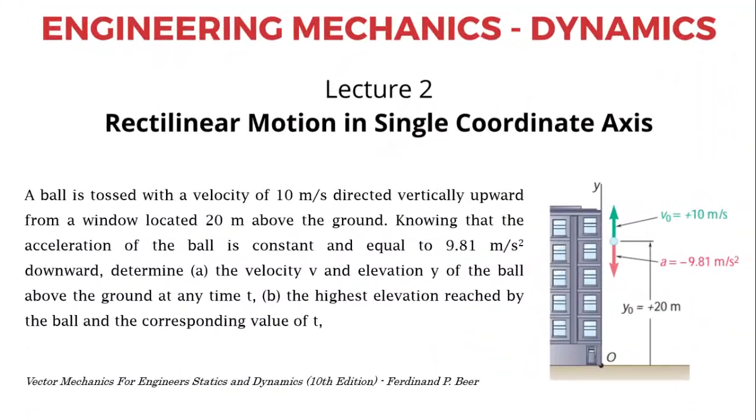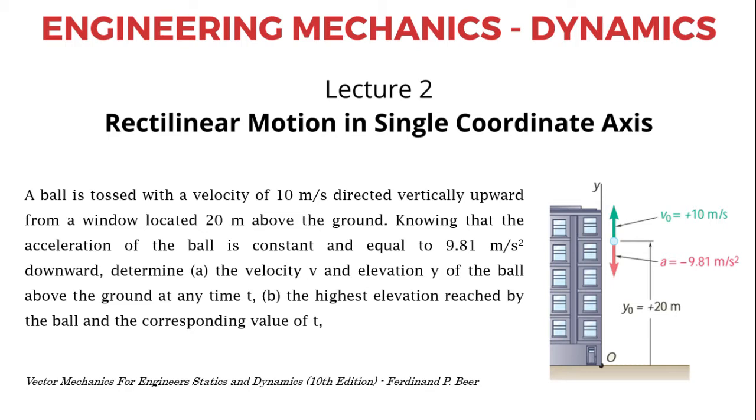Now, let us do a problem. A ball is tossed with a velocity of 10 meter per second directed vertically upward from a window located 20 meters above the ground.